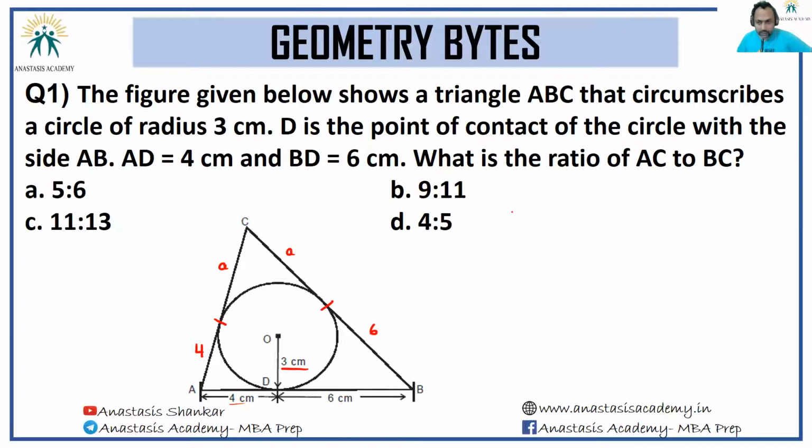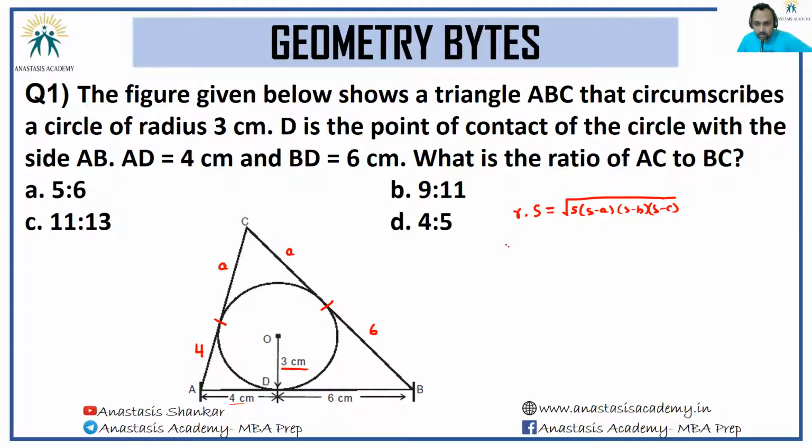I know area is given by inradius into semi-perimeter, and this is also equivalent to under root of S times (S minus a) times (S minus b) times (S minus c), where a, b, c are the three sides. This I know.